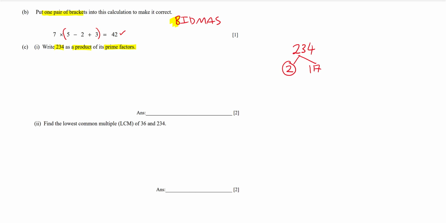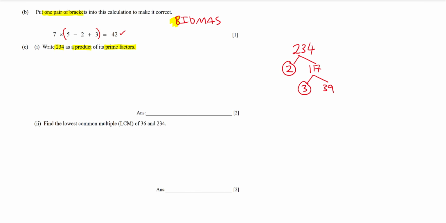So the next prime number is 3, and if we do 117 divided by 3, we get 39. So 3 times 39 is equal to 117. And now 3 is a prime number, so we will circle that.